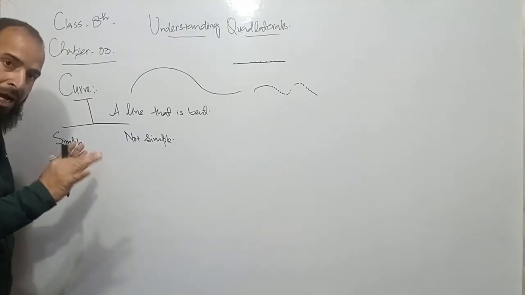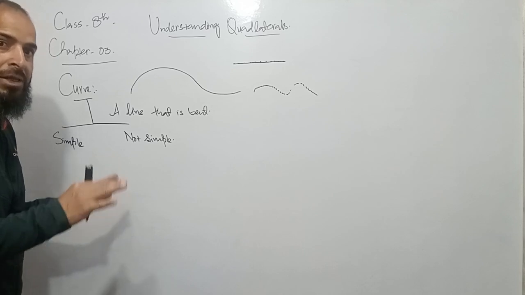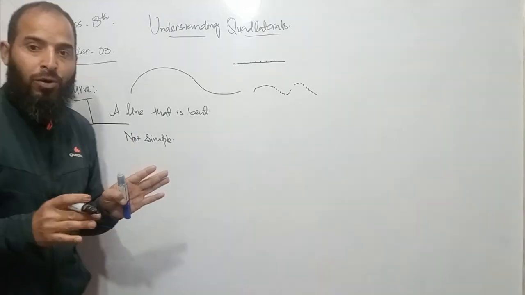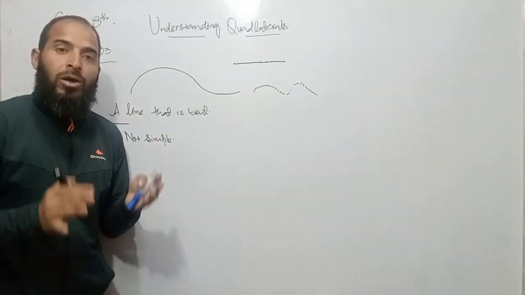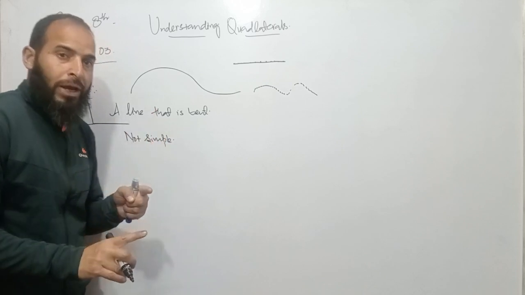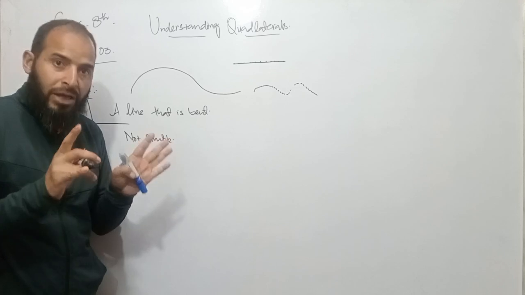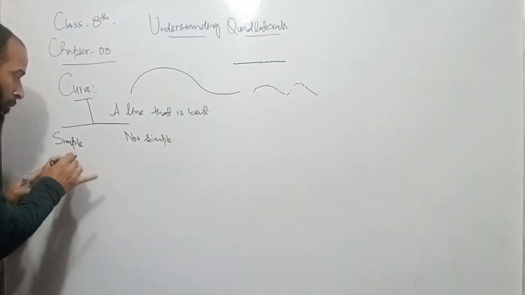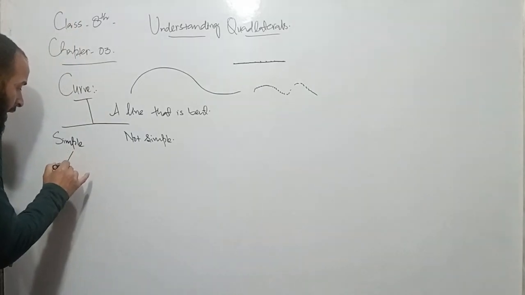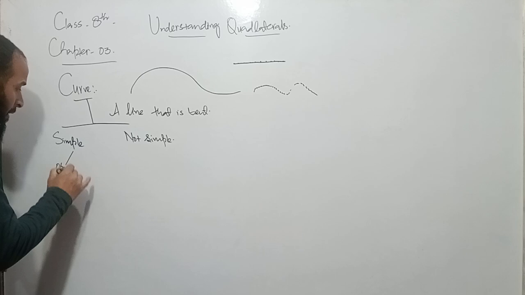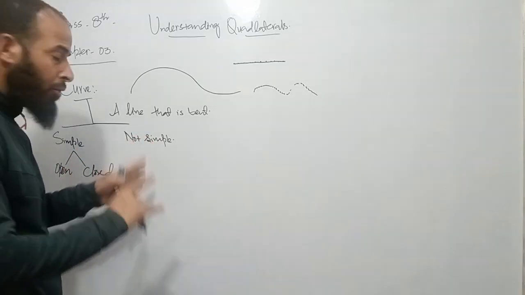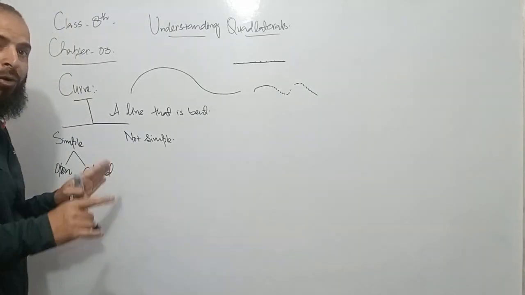A simple curve is that curve which does not contain crossovers. सिंपल कर्व उस कर्व को कहते हैं जिसमें क्रॉसओवर्स नहीं होते हैं. It may be open or it may be closed. ये जो सिंपल कर्व है ये ओपन भी हो सकती है, ये क्लोज्ड भी हो सकती है, but it does not have crossovers.